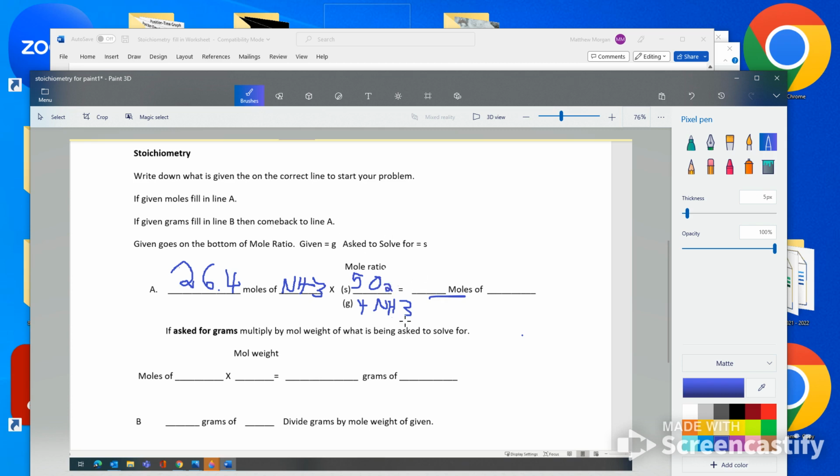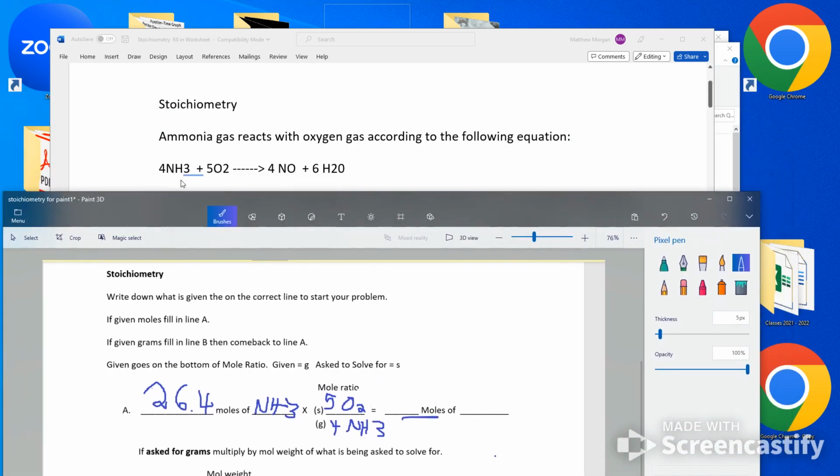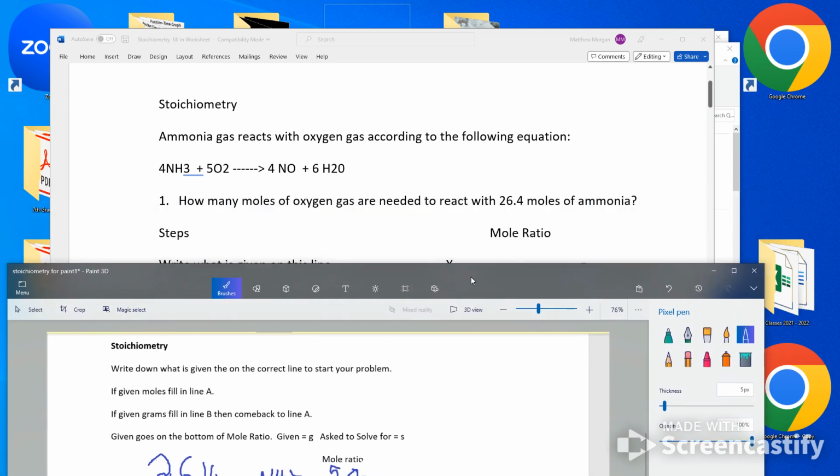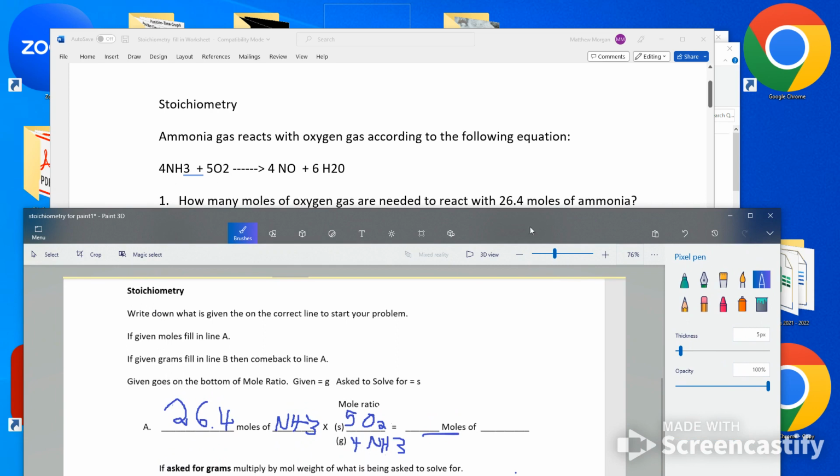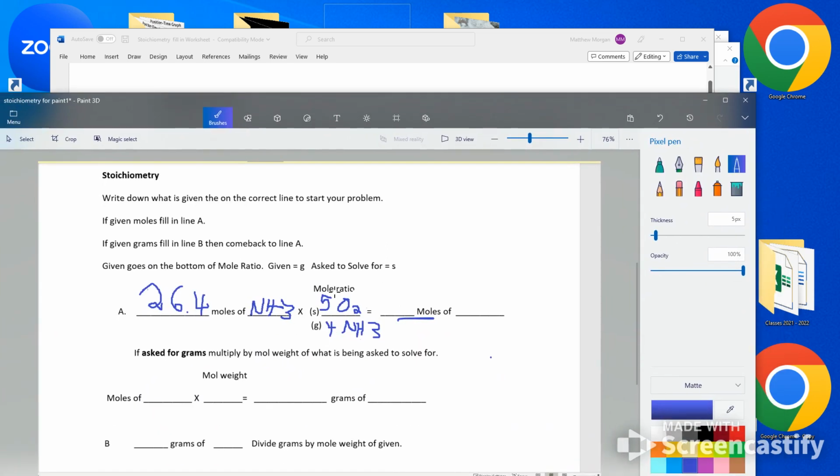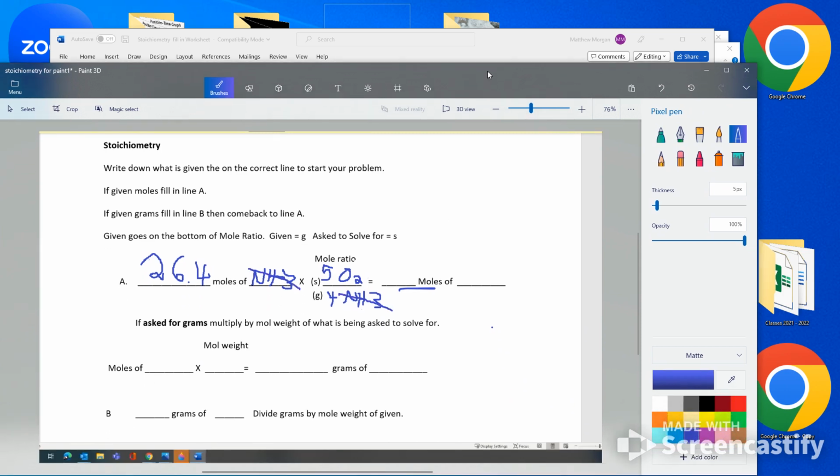So now you got a 5-to-4 mole ratio. The way that we get that is just by looking at the coefficients in front of the molecules. So you got 4 to 5. 4 goes on bottom, 5 goes on top. These cancel out nicely. So your ammonia is gone and you're left with oxygen.